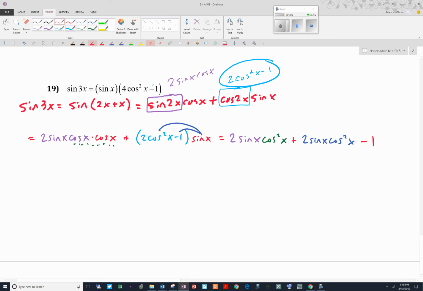And then I have to combine these guys here. That guy and that guy are like terms. We have 4 sine of x, cosine squared, and then we also have the, oop, there's one of those patented Olsen mistakes again.